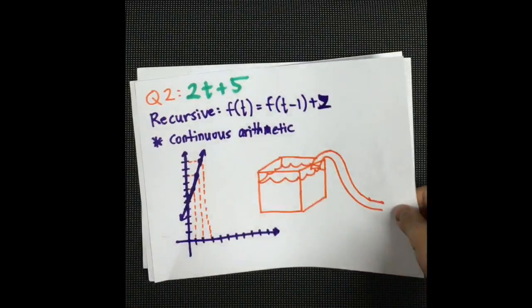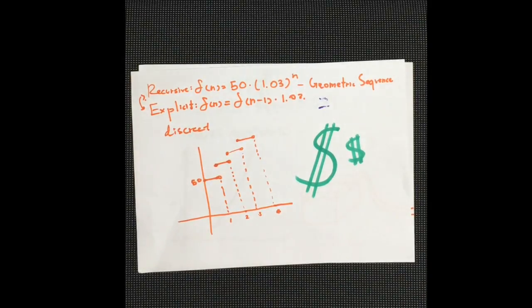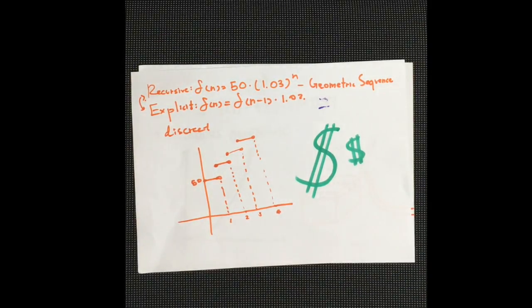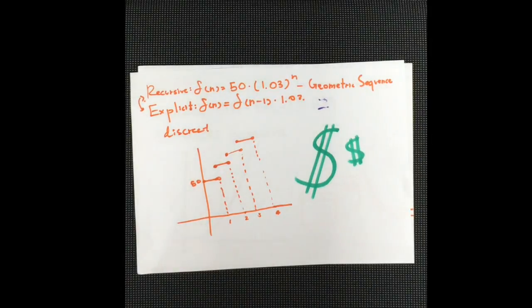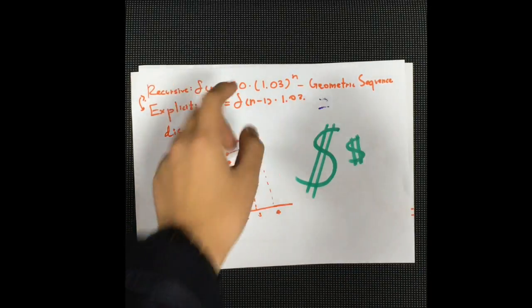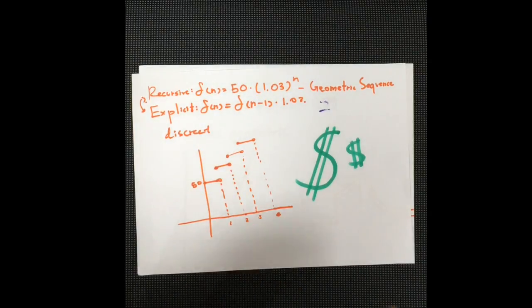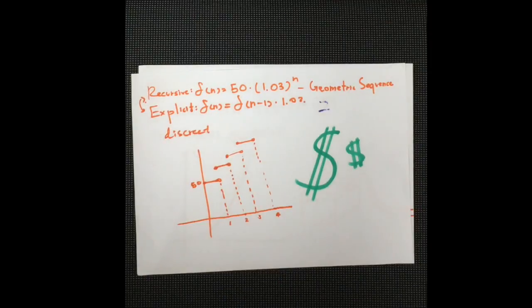Okay, next question. This is about a man saving money in a bank. The bank gives him 3% interest on the money at the end of each month, and he started out with $50, and n is for months.